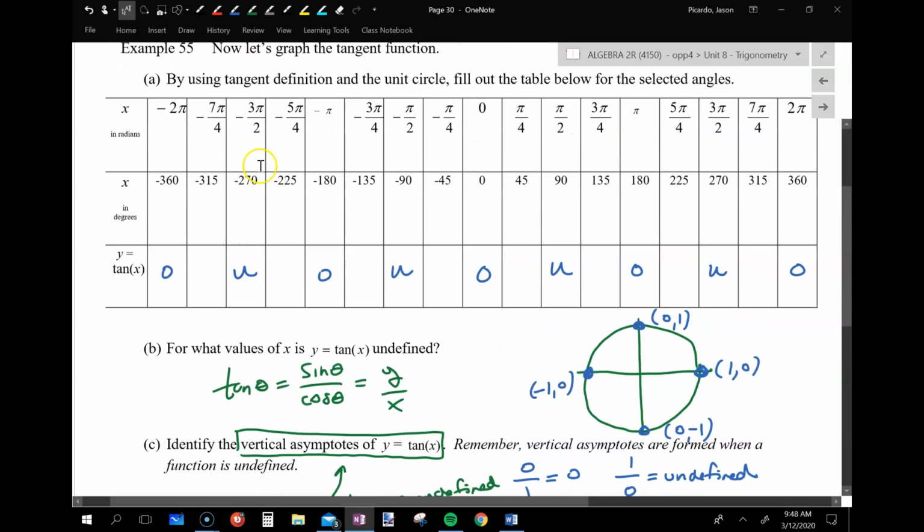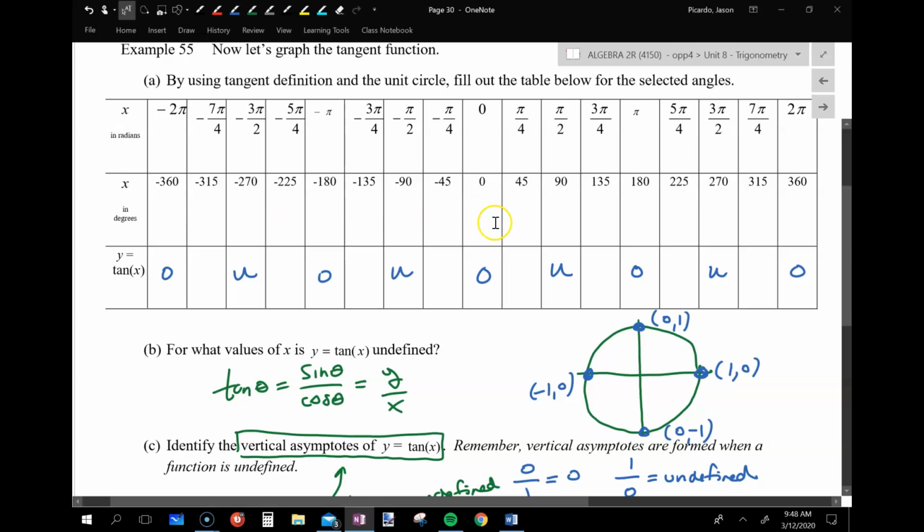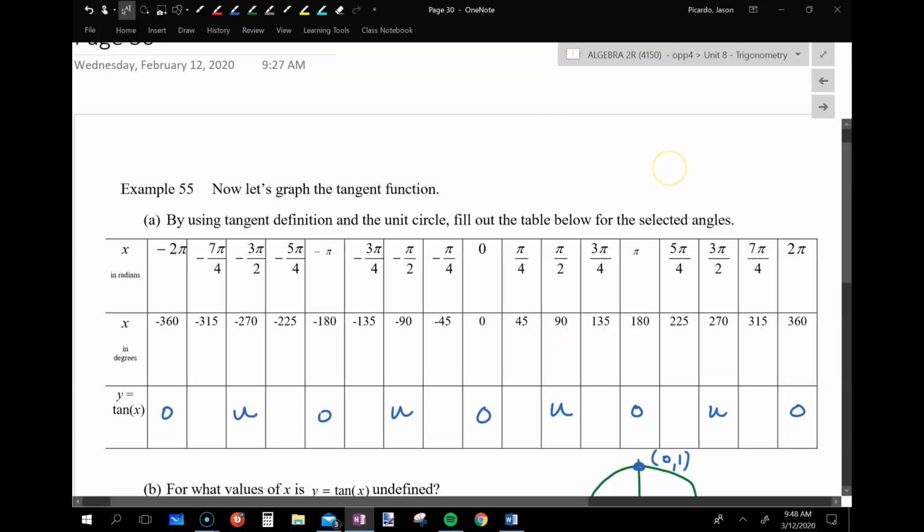All right. What do you notice about these values? It's kind of strange why I selected these. What are they all? 45, 135, 225, 315. What are those values? Well, if I was to plot those really quickly, you don't have to draw this. Where's 45 put me? Right here, right?